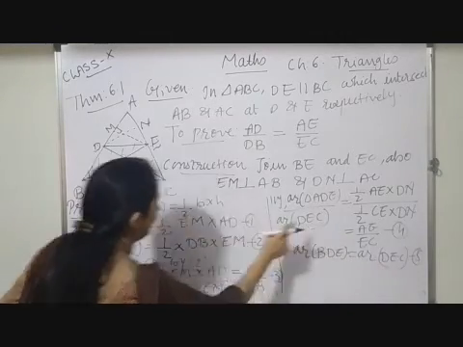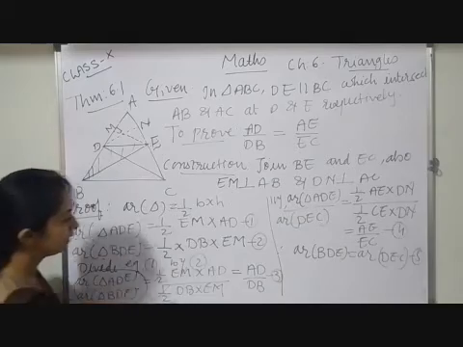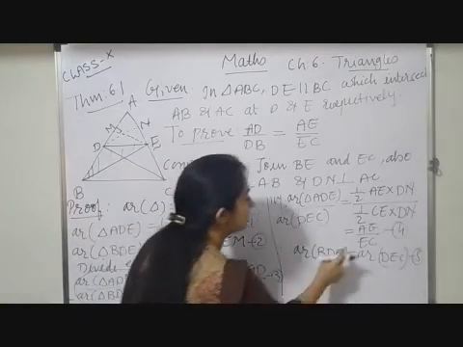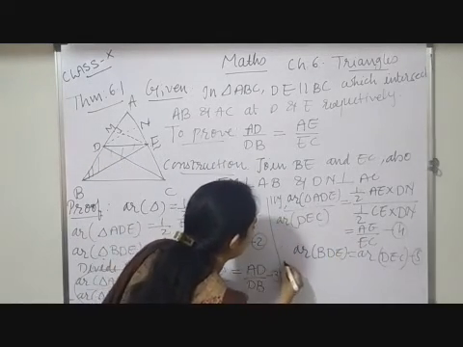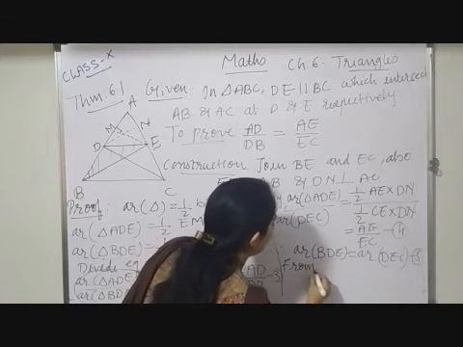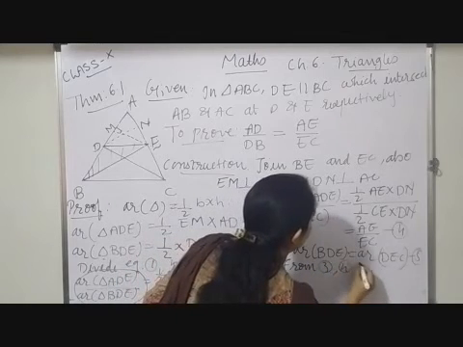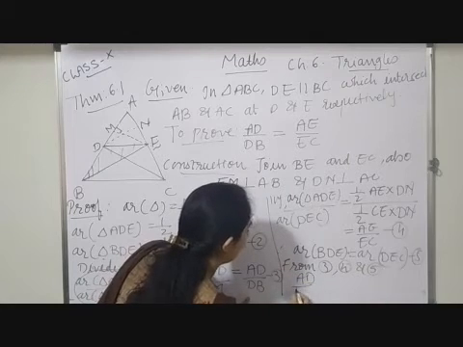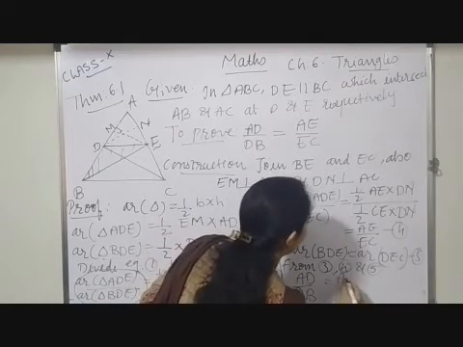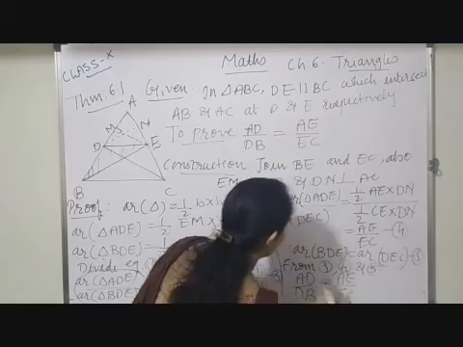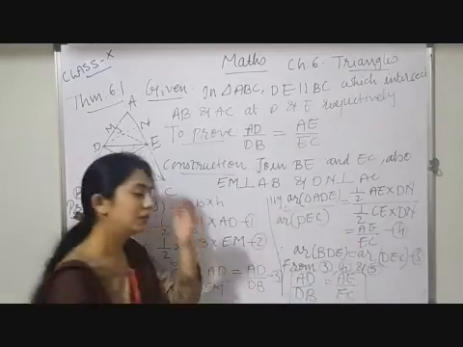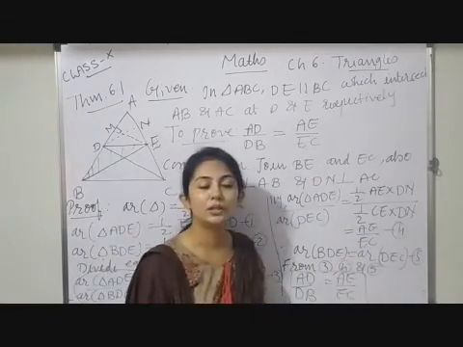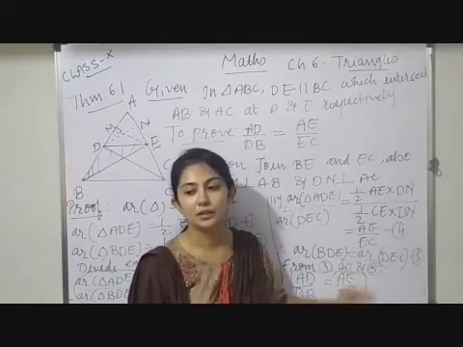So AD by BD is equal to AE by EC. So from 3, 4 and 5 I can prove that AD by DB is equal to AE by EC. Hence proved. This theorem you have to learn by heart.